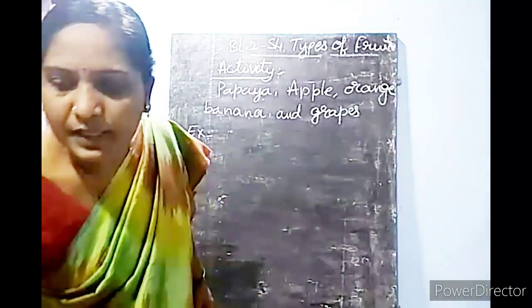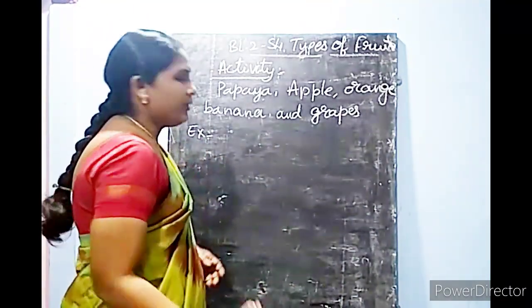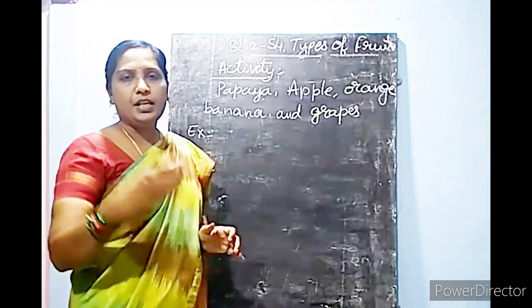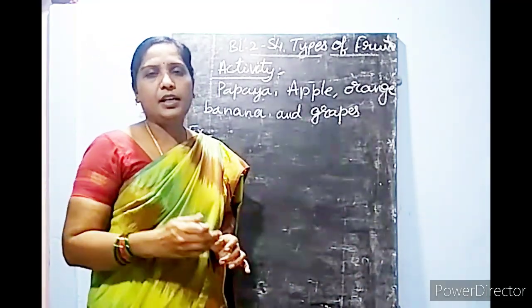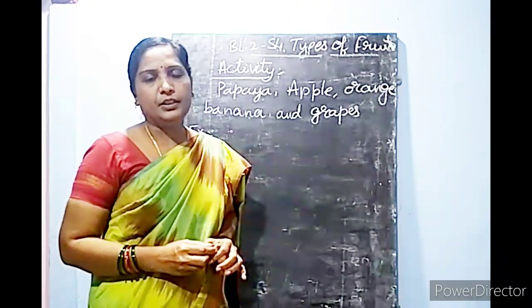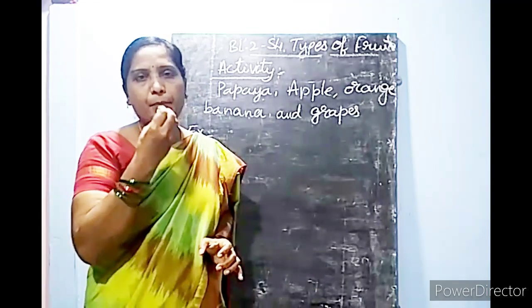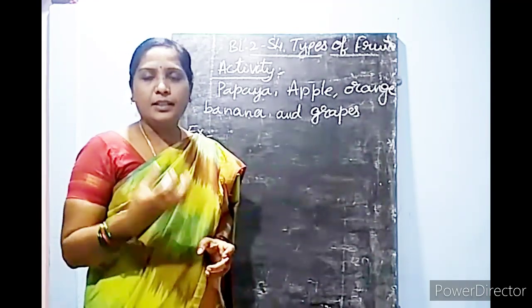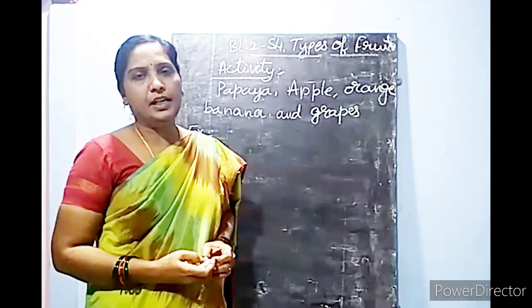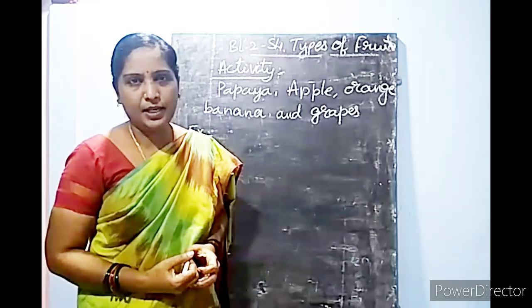The pulp is like the flesh in that fruit. So even in your apple, when you see the outside layer, a skin is there, inside the pulpy part, which we call the fleshy part, the same pulpy part we are eating. So based on the pulp present inside, we are classifying the fruits into different types.